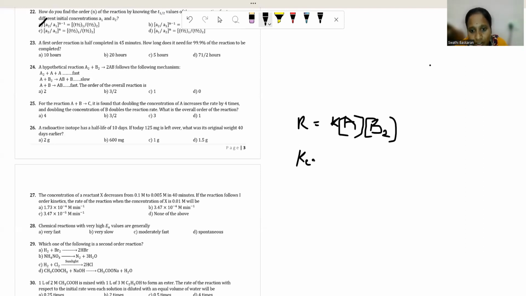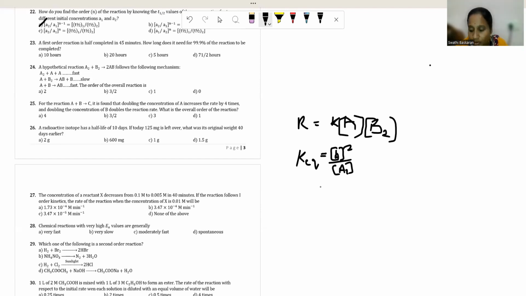K equilibrium is equal to the concentration of A square, that is 2 A's. So A square divided by the concentration of the reactant, which is nothing but A2, concentration of A2.